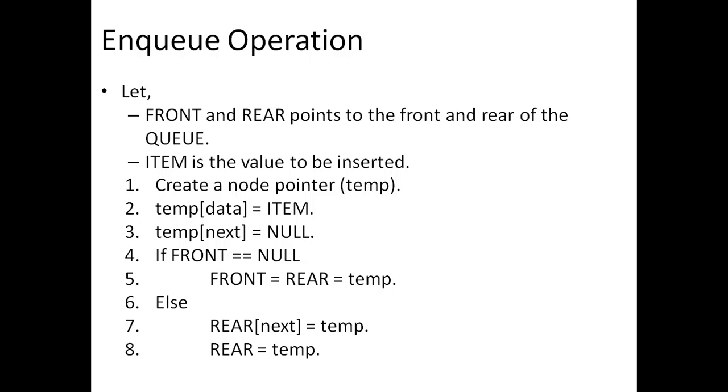Else we have to add a new node after the rear node, as is done at line number 7 here. Then we have to update the rear pointer at line 8. This is so because the rear pointer should point to the most recently inserted element in the queue.